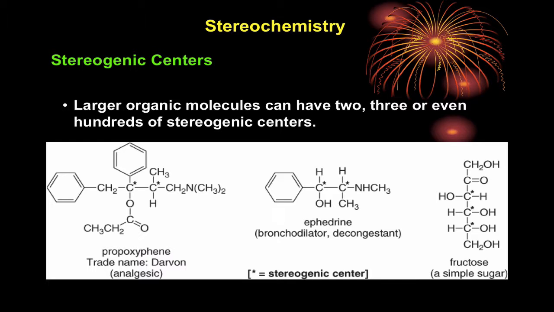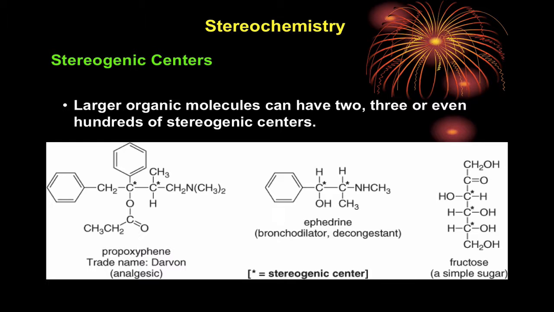Those are 4 different things. This carbon, it is stereogenic because it is bound to all this, which is clearly different than this, which is clearly different than that, and is clearly different than that oxygen atom. 4 different things are attached to those 2 carbons. So we have 2 stereogenic centers in this molecule.